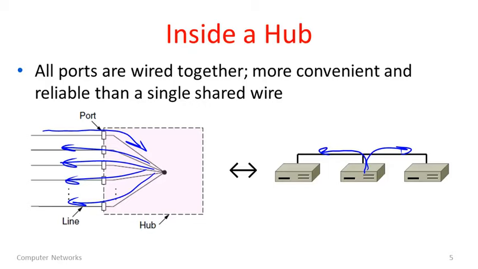It's also more reliable, because if we lose one particular wire here, well, some host is out of luck, but chances are that the rest of the hosts are still able to communicate. However, if we break this wire here, you generally do more damage. You might have broken your LAN in half. It just doesn't work anymore. The signals get messed up too.